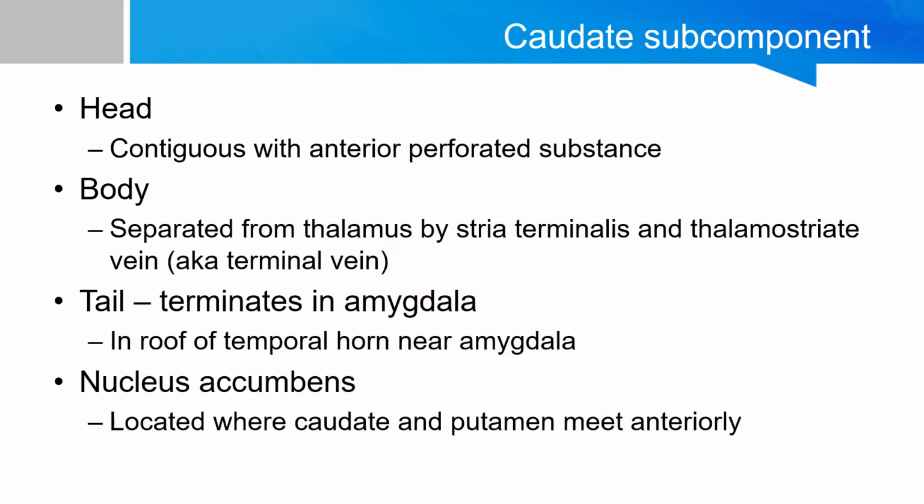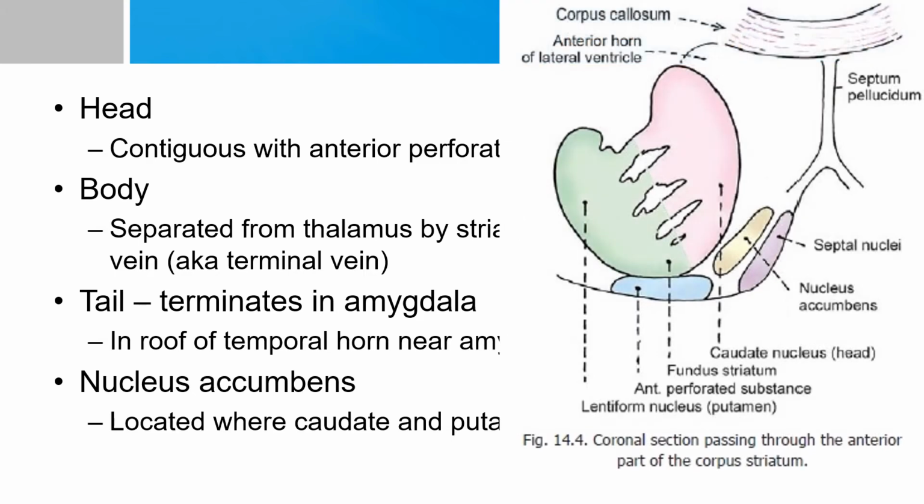So looking at it from another view, on the mid-coronal view, anteriorly, you will find, as we talked about, the nucleus accumbens, as well as the anterior perforated substance, where the lenticular vessels come in from the base of the brain to supply the basal ganglia.